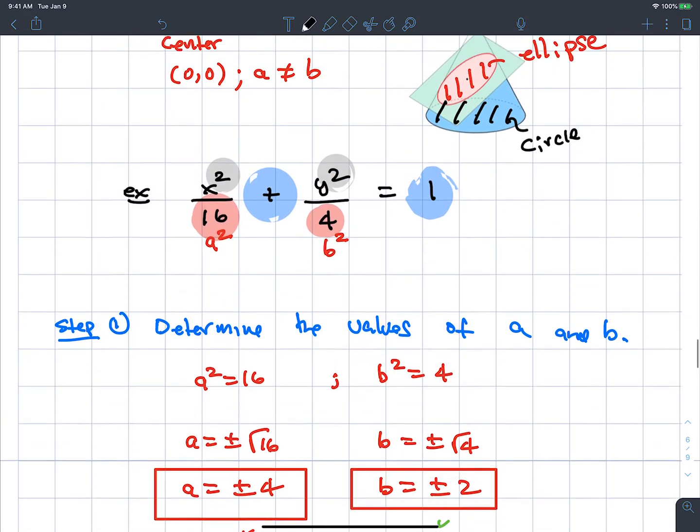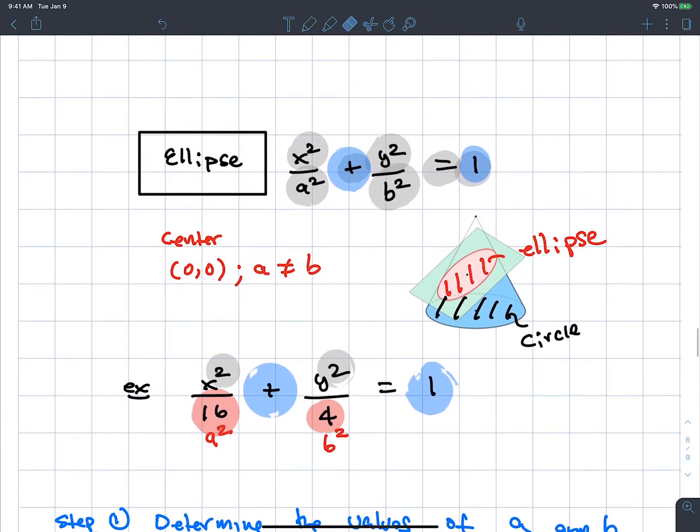You're going to have to learn how to read this. Okay, x squared over a squared plus y squared over b squared. And we have to have these squares for these values. And it has to equal 1. If you don't have this, it's not an ellipse.